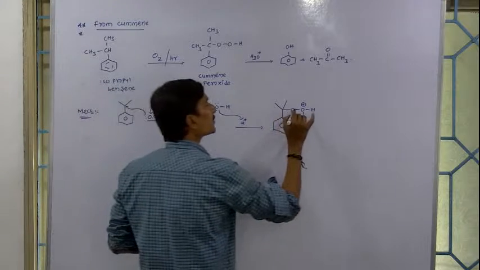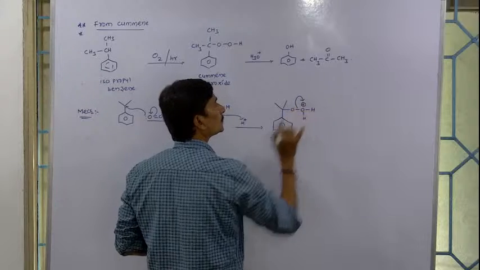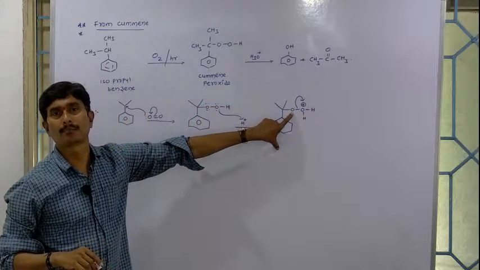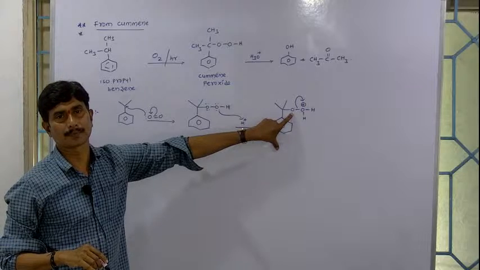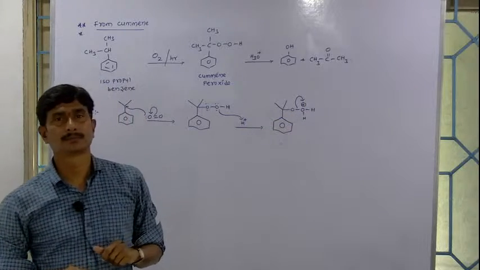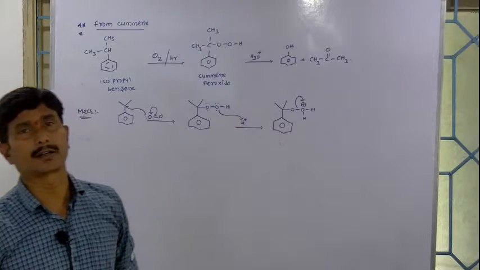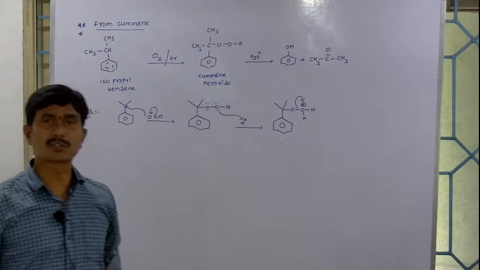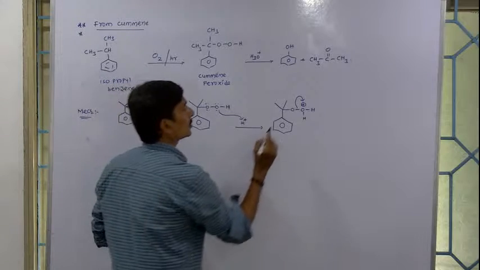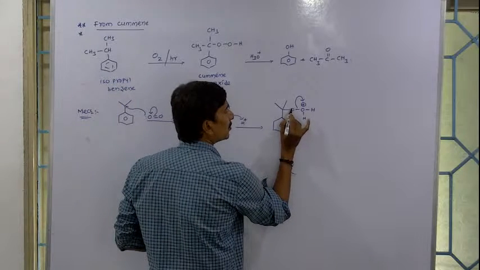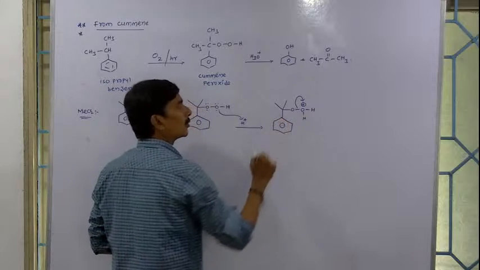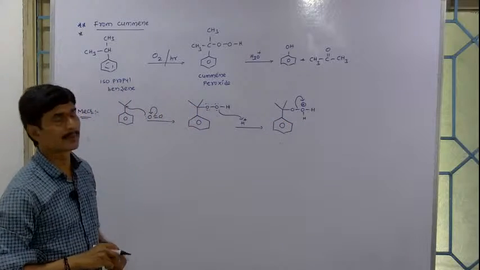If it is removed as H2O, then this oxygen atom acquires what charge? Positive charge. As we know, a more electronegative atom with an incomplete octet and a positive charge is highly unstable. So the positive charge on this more electronegative atom is not possible. Immediately it will go for shifting.